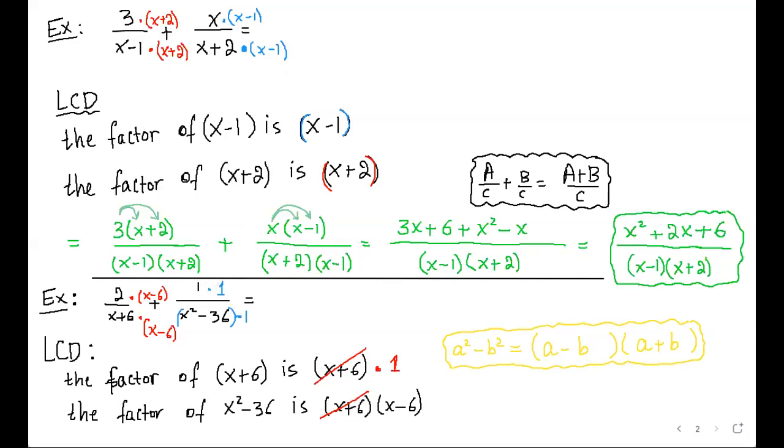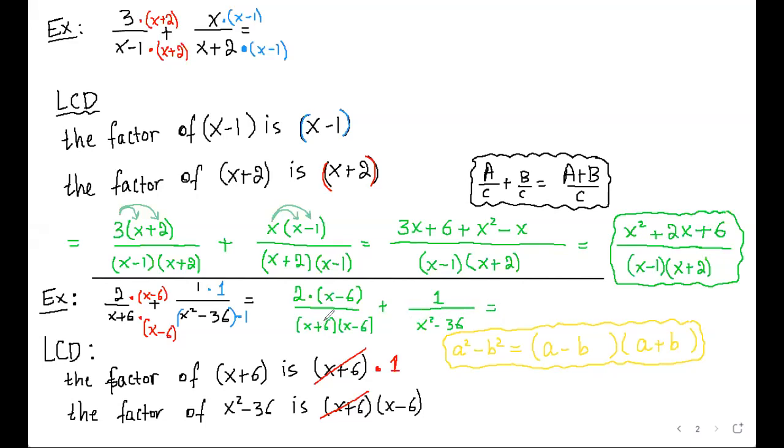Okay. So this is equal to 2 times x minus 6 over x plus 6 times x minus 6, plus 1 times 1 is 1. And here x squared minus 36 times 1 is the same thing, x squared minus 36.